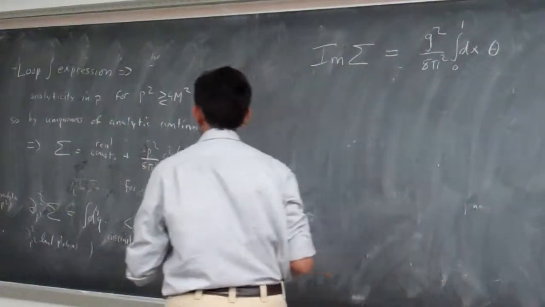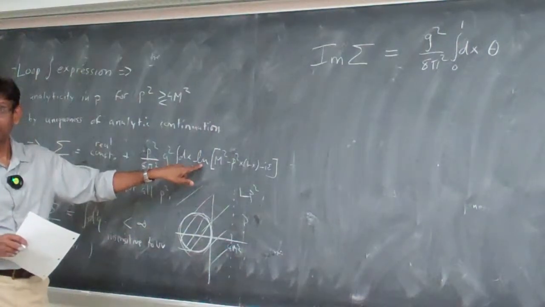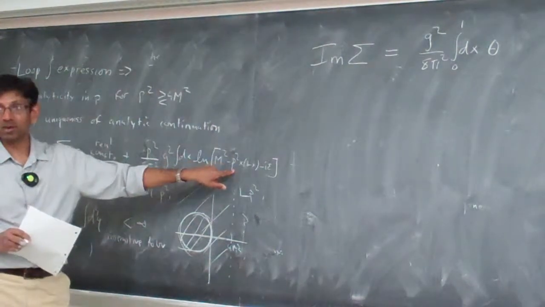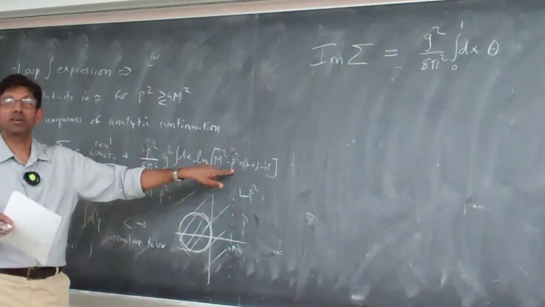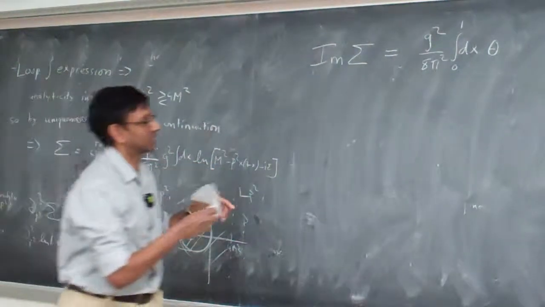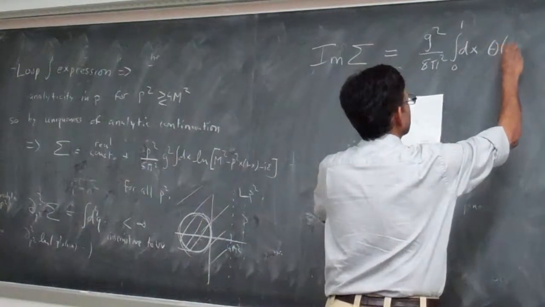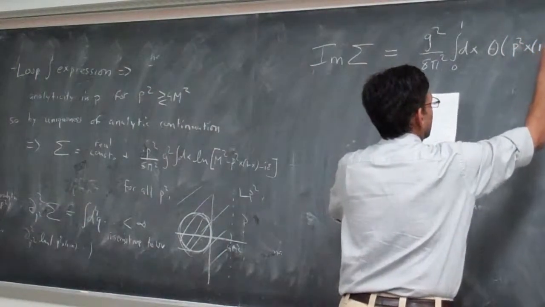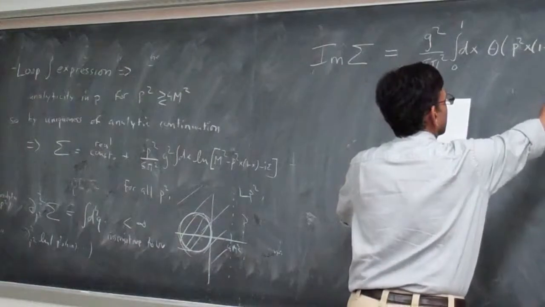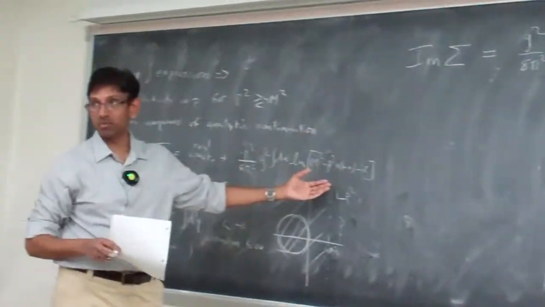So first, where is this imaginary part coming from? I'm taking the imaginary part of this log, and it's log of a negative number, which means e to the i pi times minus 1. Yeah, so it's that. And so what we have is a step function to insist this only ever happens if you're negative. Okay, so this step function just says that I am taking log of a negative number.